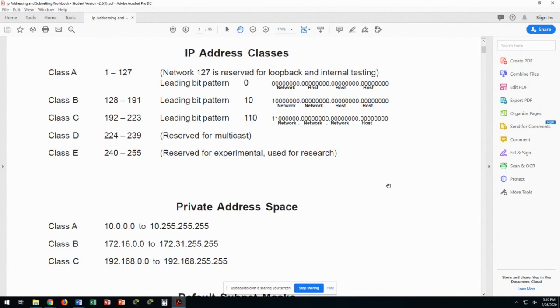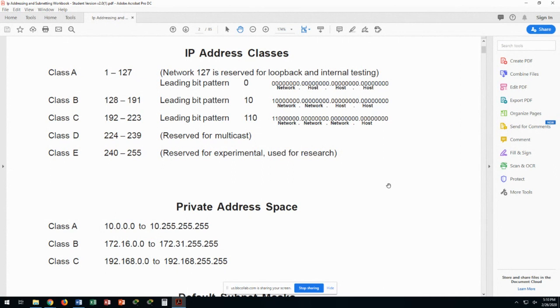A Class A is any IP address where the first octet, the number, equals 1 through 127. If that's the case, then the first 8 bits of that IP address signify the network. The next 24 bits signify the host.